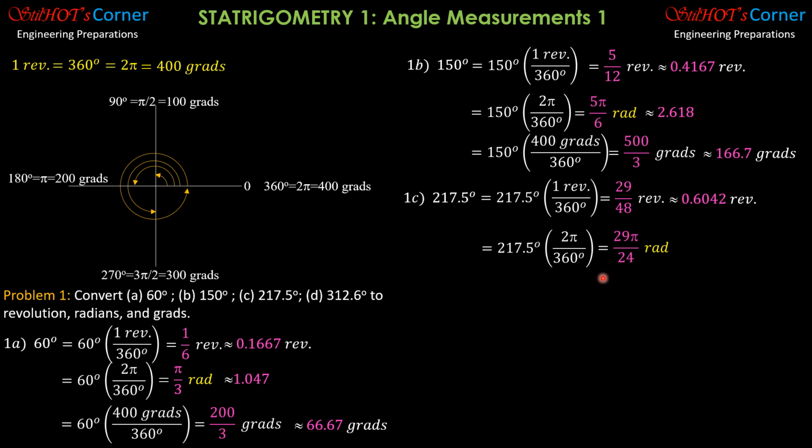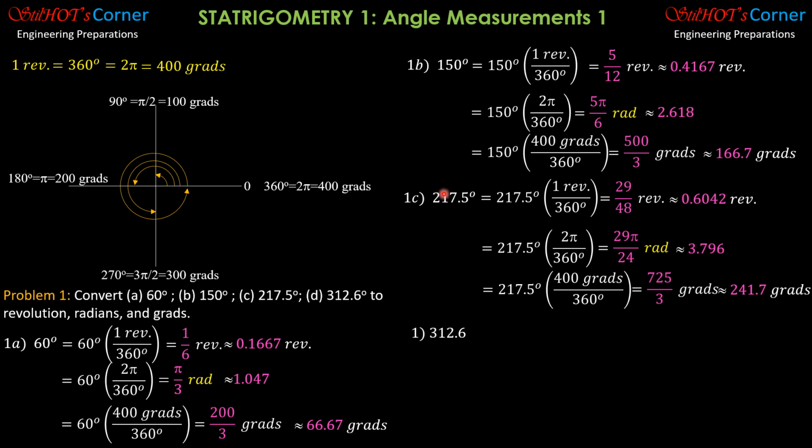In radians, 29 pi over 24 radians. In decimal, that's 3.796 radians. Then 217.5 degrees times 400 grads over 360 degrees is equal to 725 over 3 grads, and in decimal, 241.7 grads.